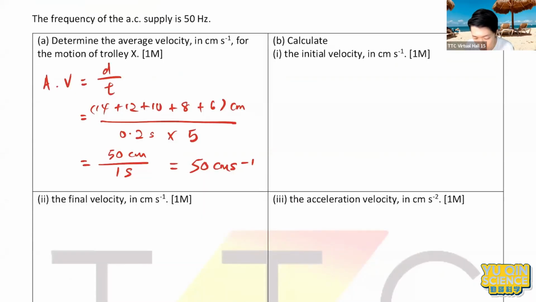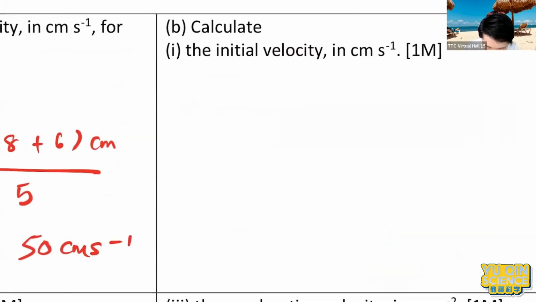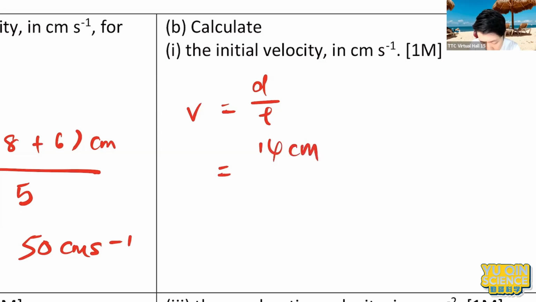The initial velocity. Initial means the first one. We write down the velocity formula: velocity equals displacement over time. So how long is the first one? It's 14, right? Divide by time.